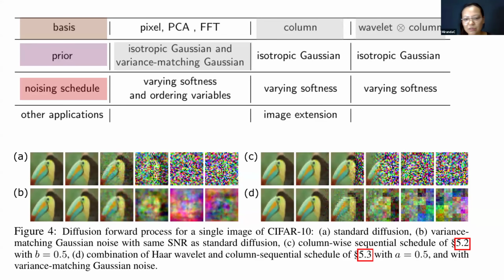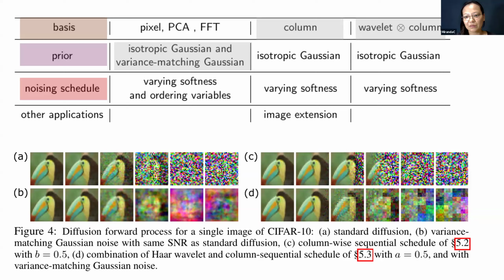So okay, so the A and B is the counterpart of both pictures I've shown you. What we're showing here is a different choice of prior. So isotropic Gaussian like in standard diffusion, and variance matching Gaussian like this, which is B. Okay. And then we also choose a basis that's just column, so that corresponds to column-wise generation.